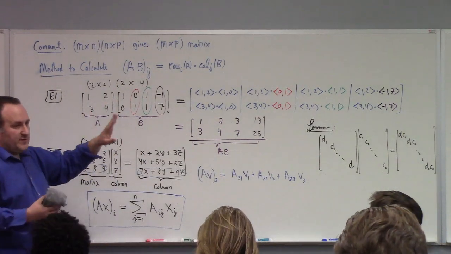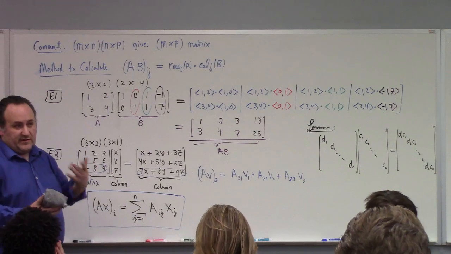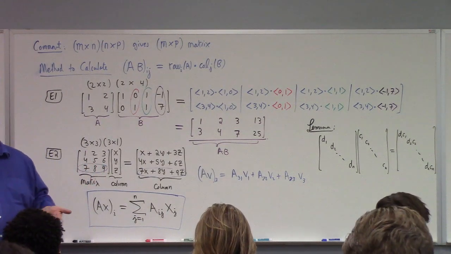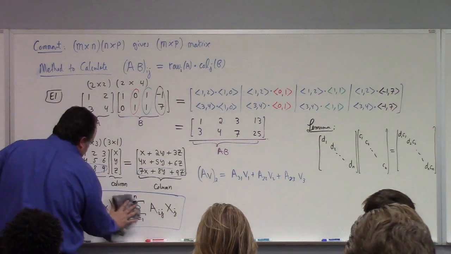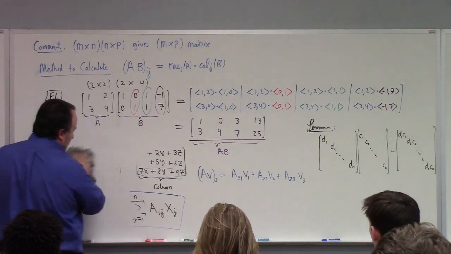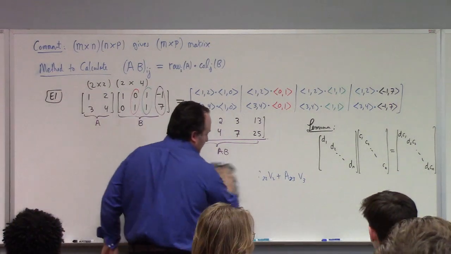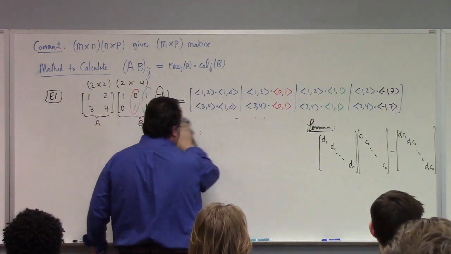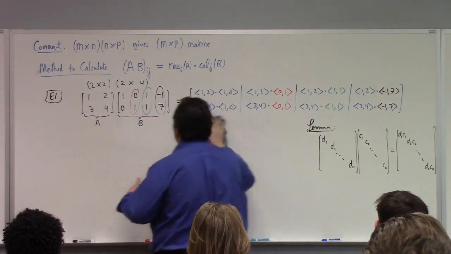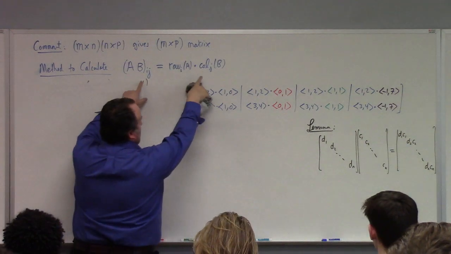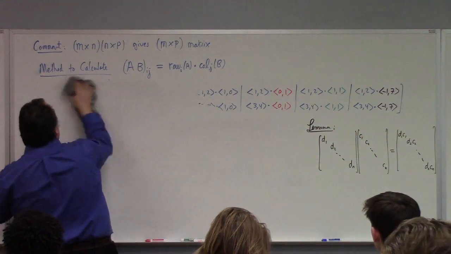I do expect you to be able to multiply square matrices. You need to know how to do that for 2 by 2, 3 by 3, 4 by 4s, and so forth. I'll try to give you some homework which helps you build that skill if you don't have it already. It does take some attention to detail, but it's not that hard once you follow the rule, which is just dot products.